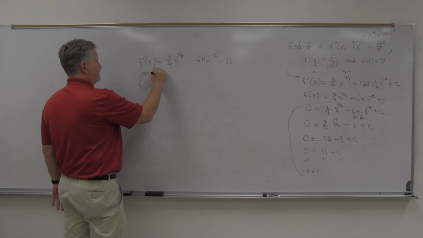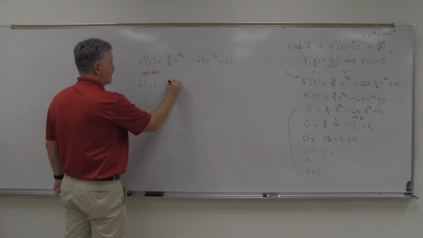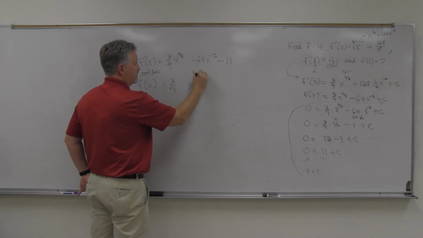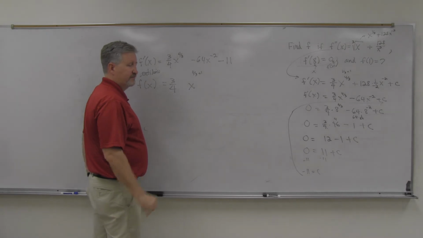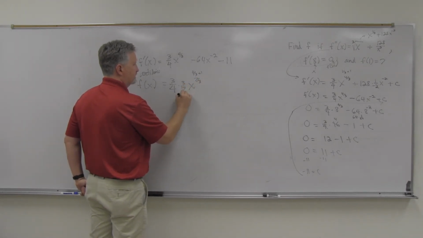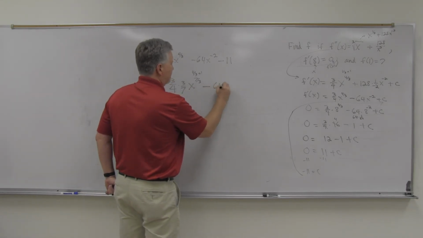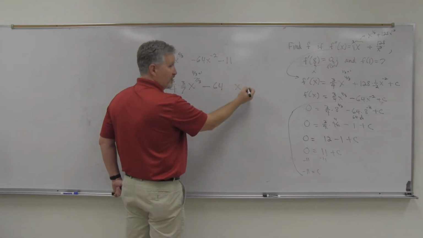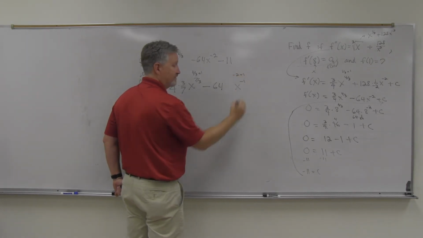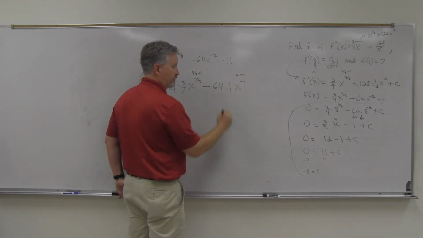Take that antiderivative. So we'd have 3/4 x, the new power, what's the new power? 4/3 plus 1, 7/3. So I'd multiply by the reciprocal here, 3/7. Then I have minus 64 x, new power would be negative 2 plus 1, which is negative 1. So I divide by negative 1.